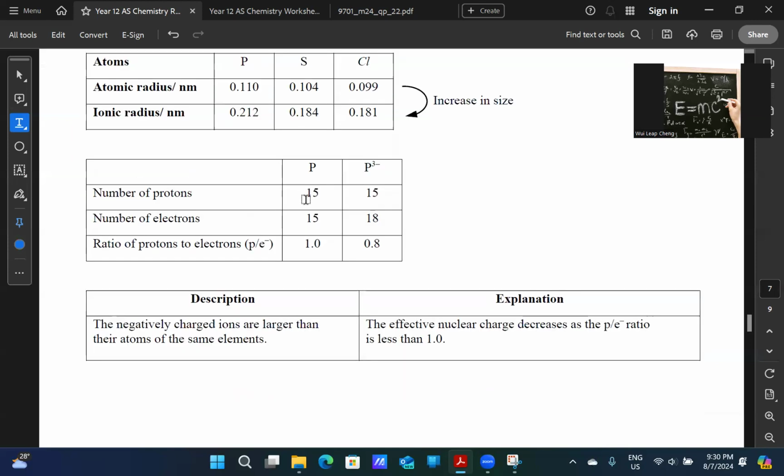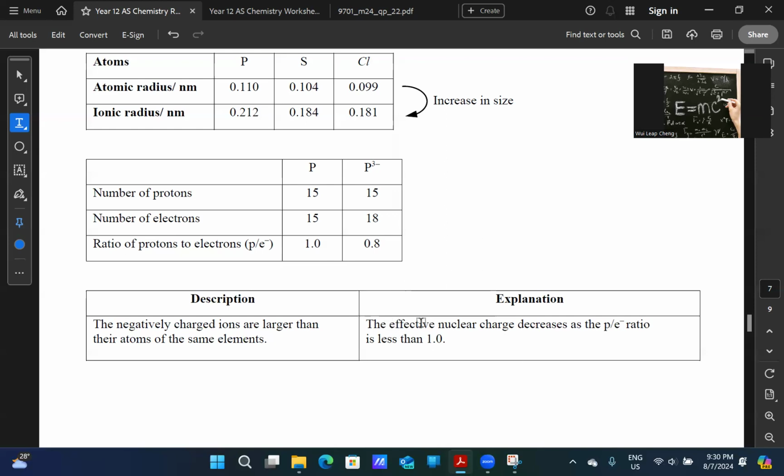Why can this happen? If you calculate the ratio of proton to electron, for the phosphorus atom, you will get the ratio as 1.0. However, for phosphide ions, P3 negative ions, 15 over 18, you will get the ratio as 0.8. It's smaller than 1.0.